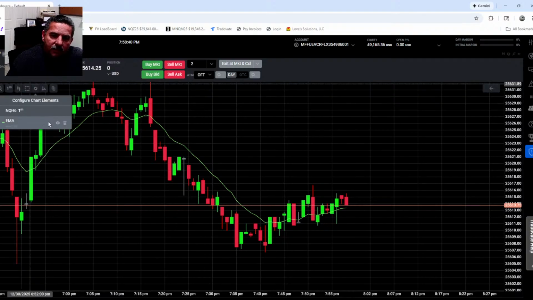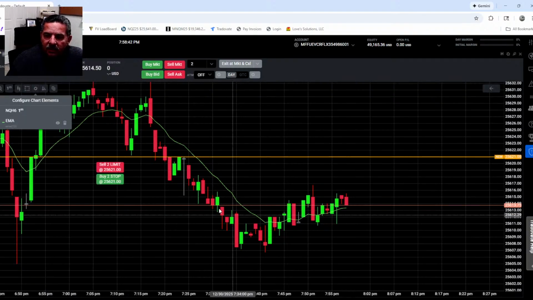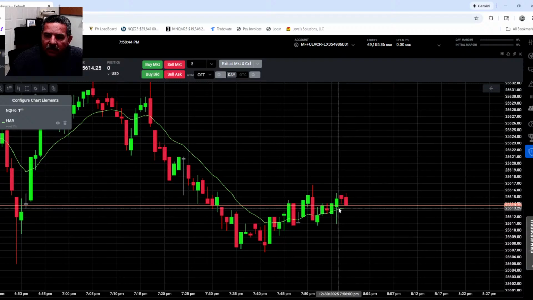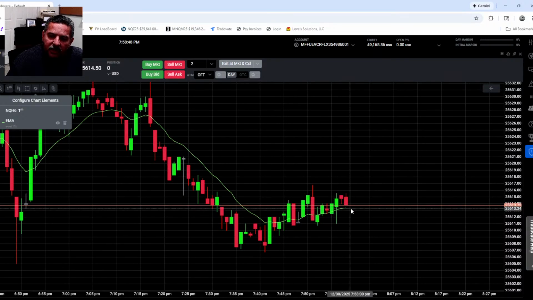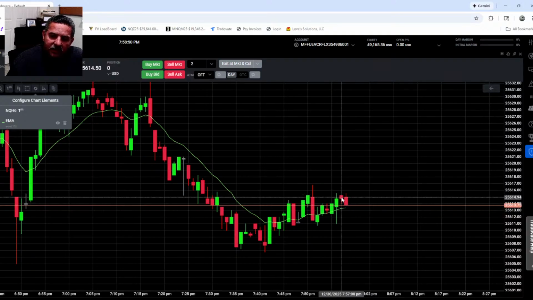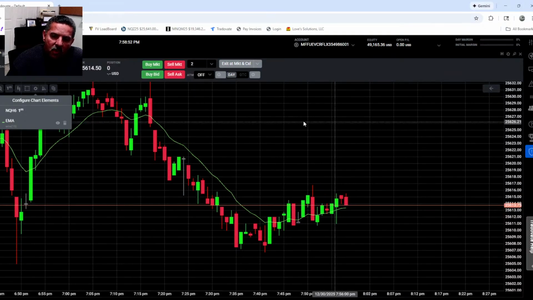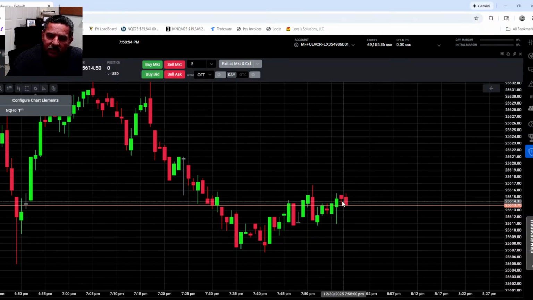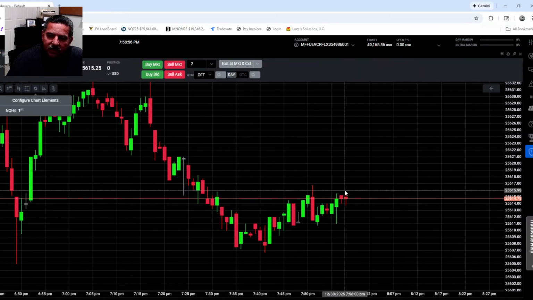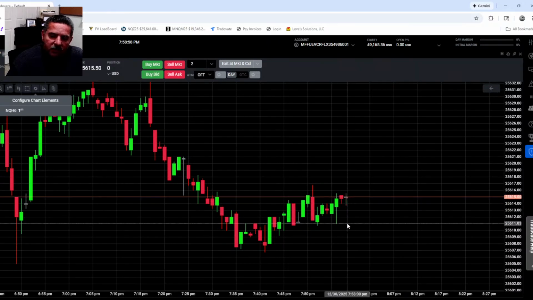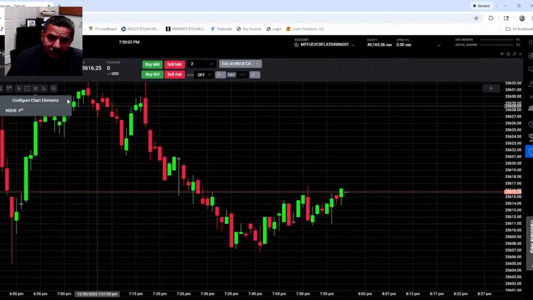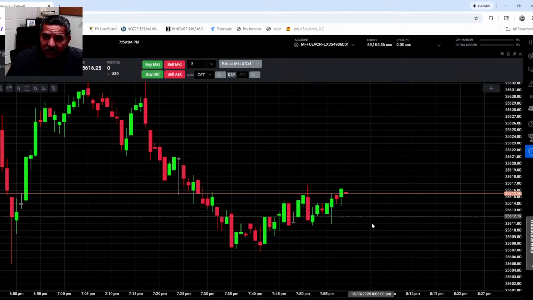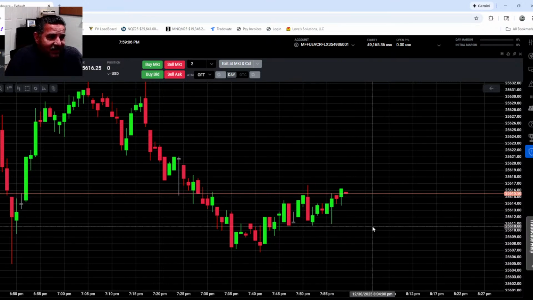So the theory is if the candles are going up and this line is underneath it, go long. If the line is on the top and the candles are forming down, go short. Which, I mean, it's common sense to me if I just look at it.